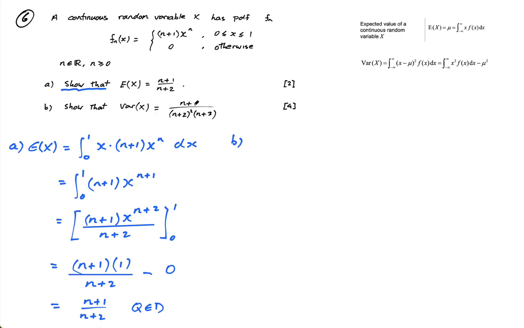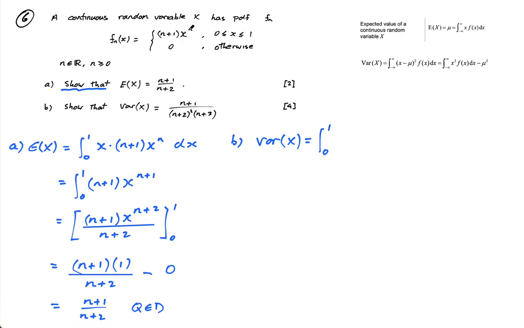B. Variance of x. I'm going to use this formula here. The variance of x is the integral from negative infinity to infinity, again that's 0 to 1, of x squared times f of x. Now guys, I'm going to do the same thing, but I'm going to skip this first step.